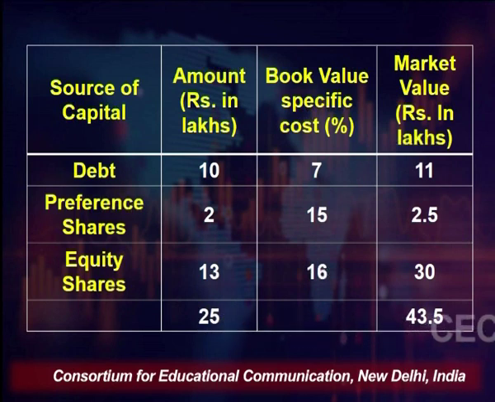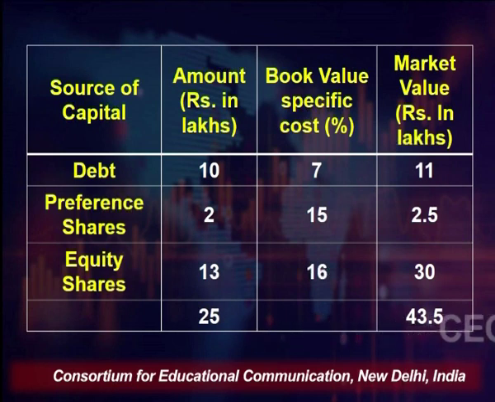So, in this case the market value of debt is 11 lakh which was 10 lakh in books. The market value of preference shares is 2.5 lakhs which is 2 lakhs in books. The market value of equity share is 30 lakh which is 13 lakhs in our books.